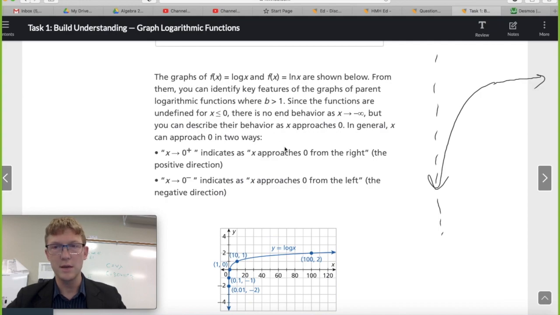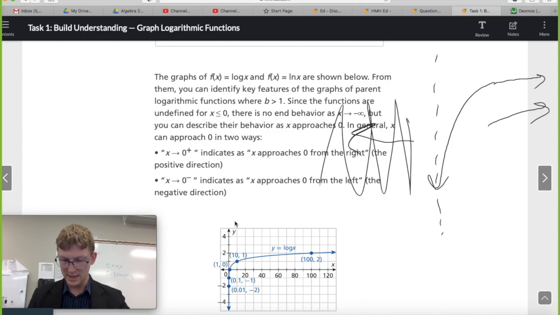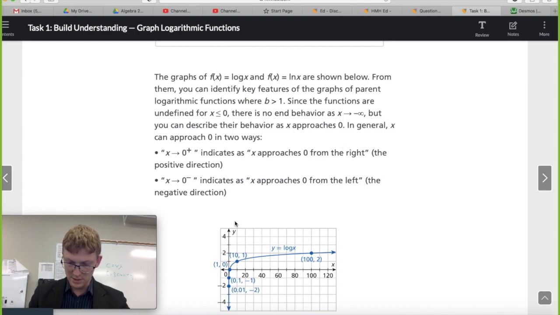So if we're going to talk about end behaviors here, you've got an end behavior as x approaches positive infinity, but as x approaches negative infinity, you can't really talk about that because all of this past the x-axis is undefined. So just to put that in perspective, here's our graph of whichever one.